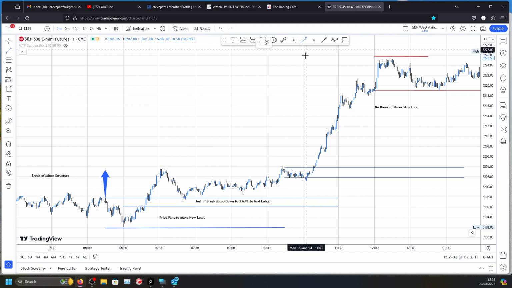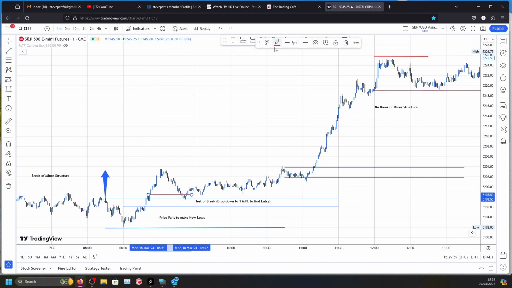If we get a line in there, I'm not used to using TradingView. There, price broke out of here, comes back into this level.